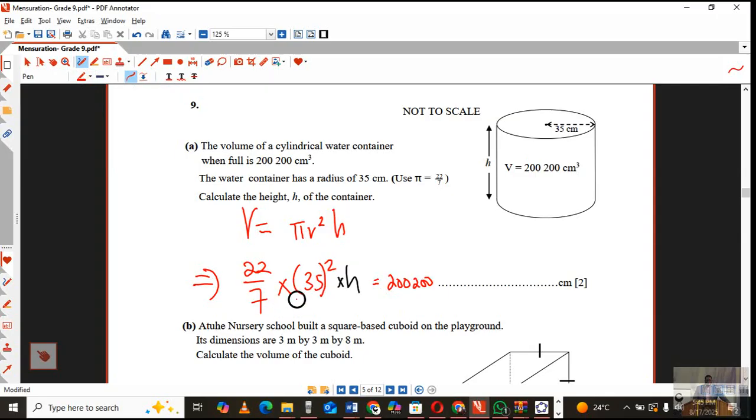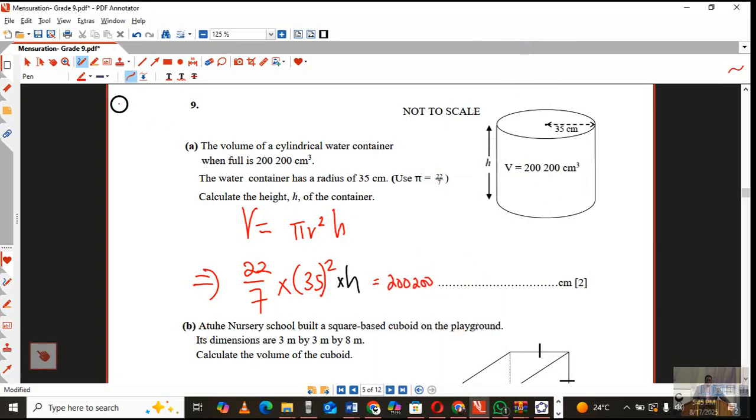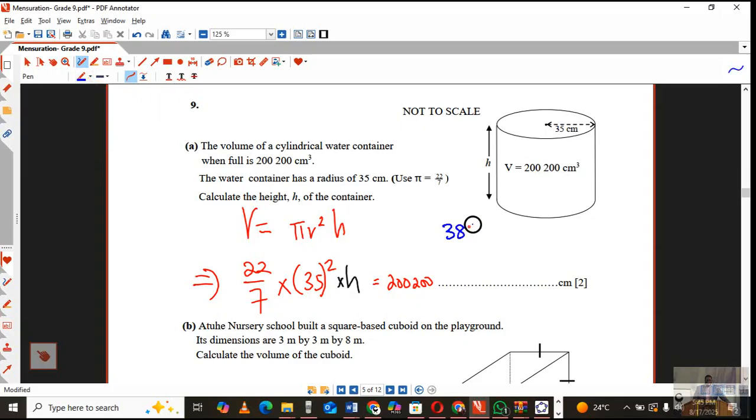200,200. Okay, good. On the left side, let's just clean up the left side. We have 22/7, then we're going to multiply that by 35 squared. What do we get? 3,850. Effectively, this is going to give you 3,850 H equals 200,200.